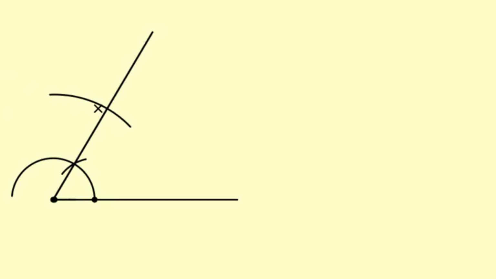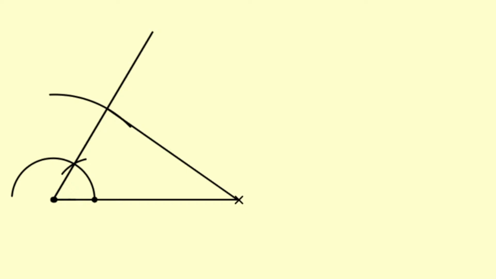Now we will join this point of intersection with C. So here our triangle is ready. Triangle ABC we have constructed. You can label it. Here I can't write, but on the rough figure I have already shown you. So this point is A, this is B, and this is C.